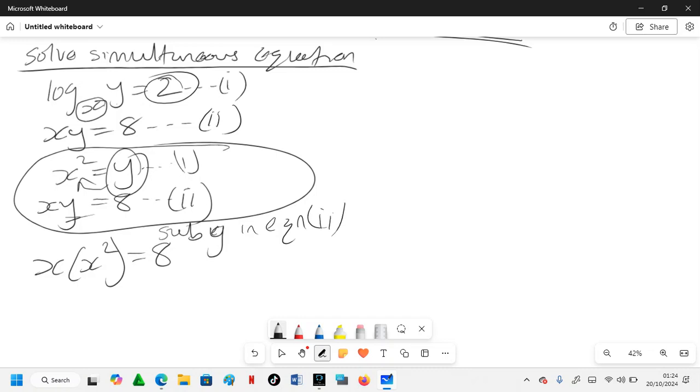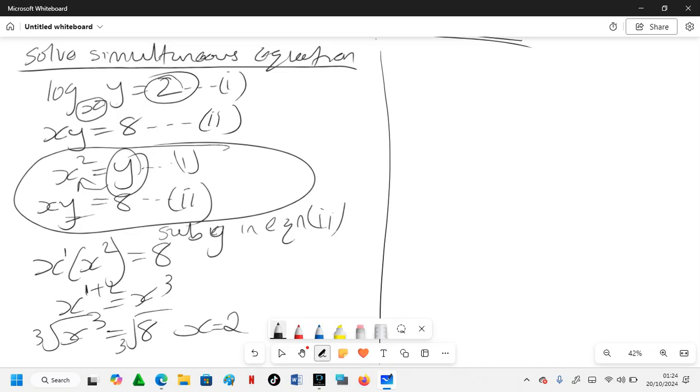So the law of indices states that this one will be x to power 1 plus 2, that is x to power 3. So x to power 3 is 8, cube root, therefore x is 2, and y is x squared, so y is 2 squared, therefore y is 4.